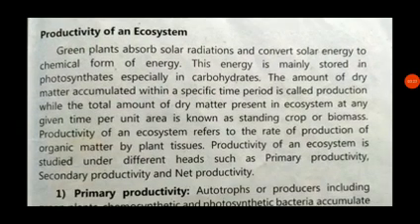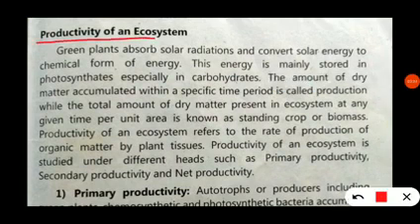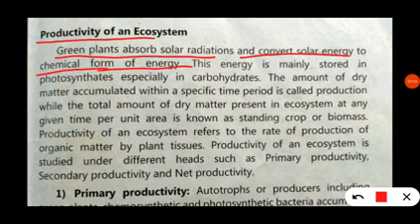Now, productivity of the ecosystem is also an important part of today's lecture. Productivity means production in the sense of biomass, in the sense of energy. Green plants absorb solar radiation and convert solar energy into chemical energy.